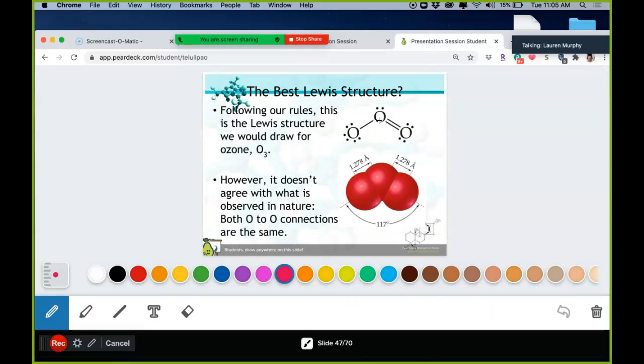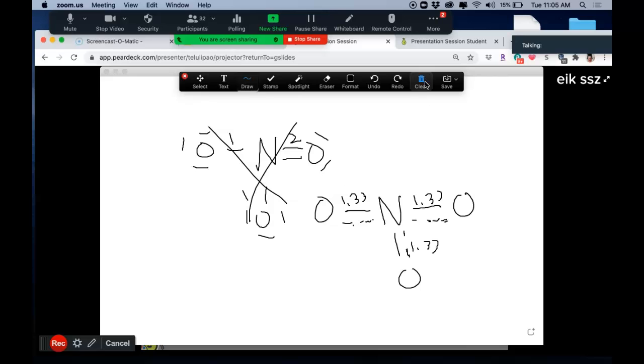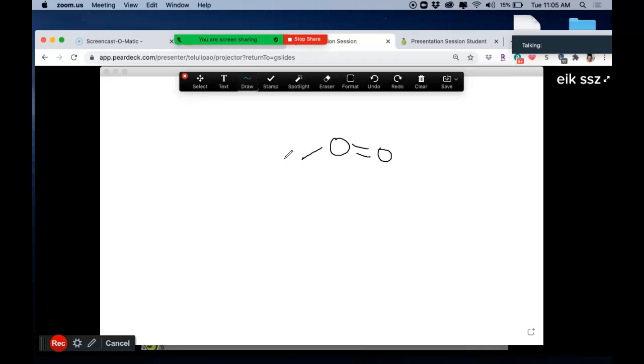Just because I drew it like this with the double bond here does not mean I could not have drawn it like this. So this is one way, but you could just as easily put the double bond on the other one.